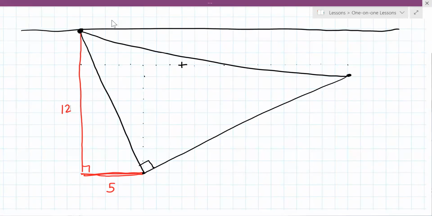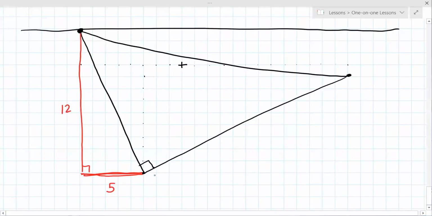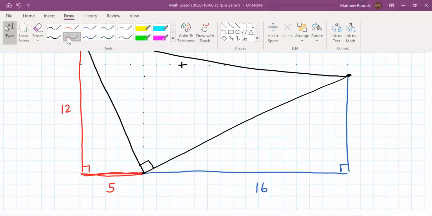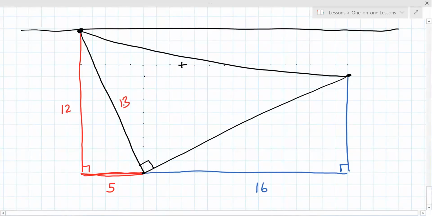That's 169 again. And we already know that, so it's just the square root of 169, also known as 13. 5, 12, 13 is a Pythagorean triple.